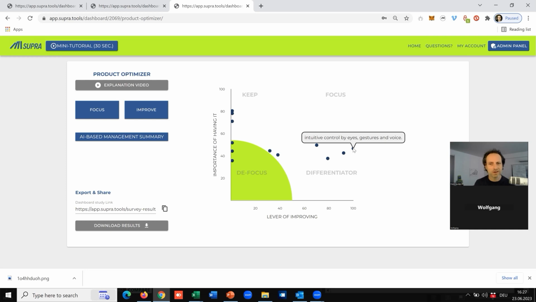So intuitive control by eyes and gestures again, but also 3D video gaming is a key lever, spatial video telephony, and 3D photo and video capturing. So all those 3D applications are the key, plus an intuitive user interface.